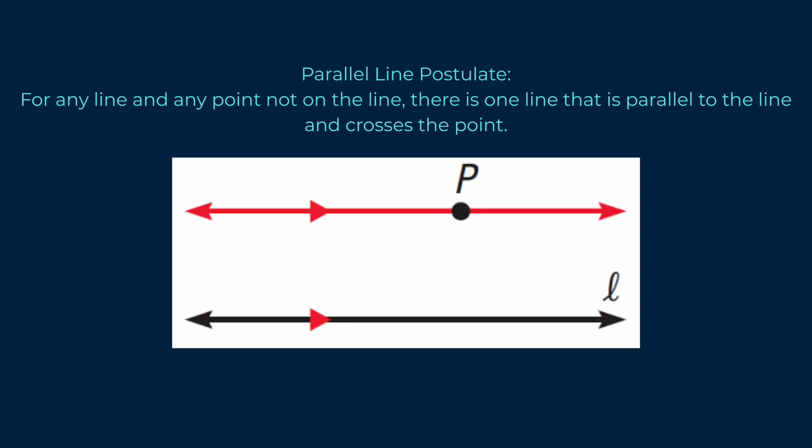There is exactly one line that does this for every point that is not on the line. And we can see that this makes a lot of other theorems possible too.